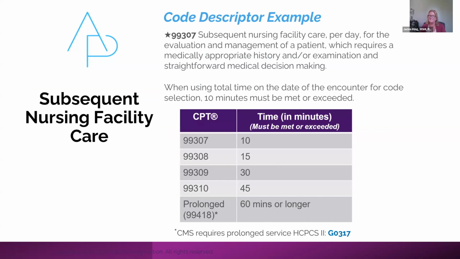But we need two notes. All right, when you're looking at subsequent nursing facility care, you'll see there's a star on this code. And I didn't really go over the symbols, but I'm going to show you. This star, where's my highlighter? Right here, says per the AMA, per the CPT book, a physician could do a subsequent nursing facility encounter, evaluation, and management on a patient using two-way audio, video, telemedicine technology.